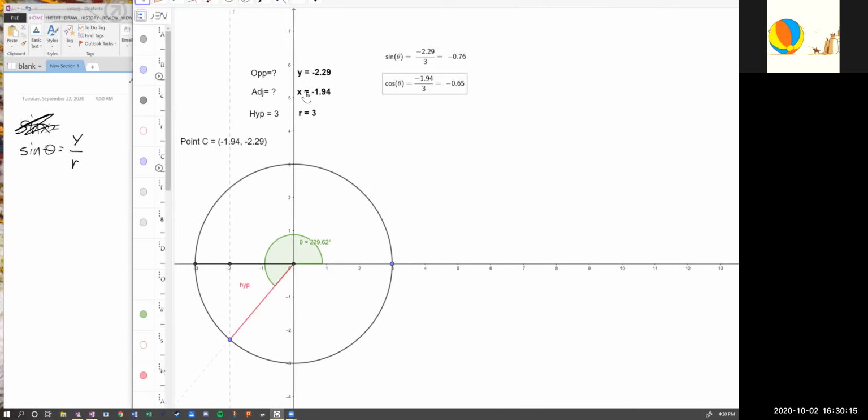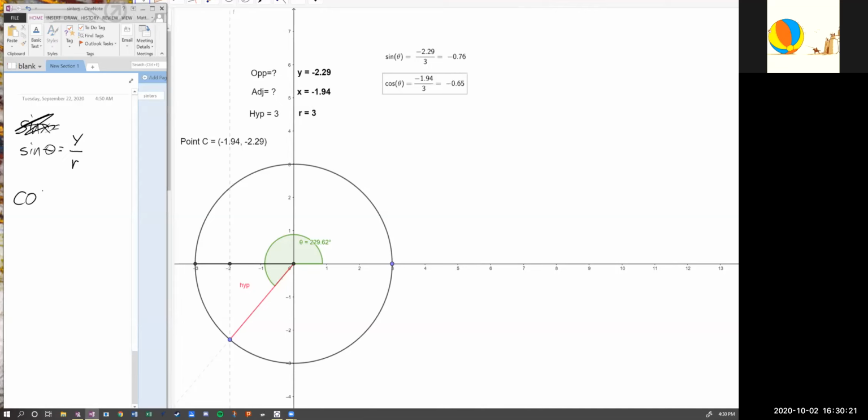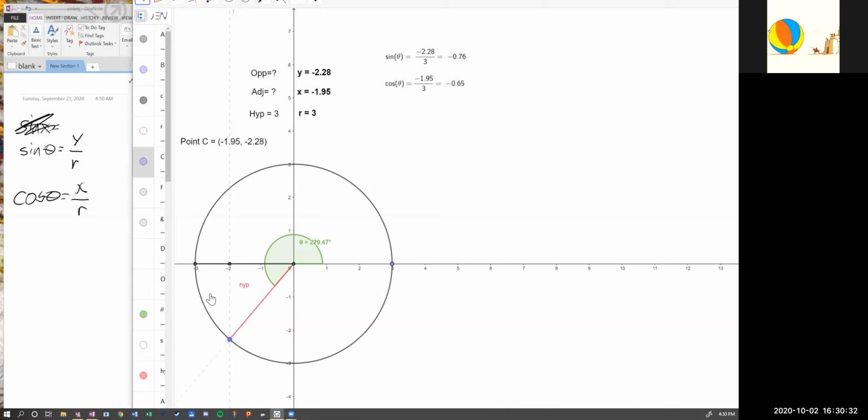But we can still take that x over r, so we can define our cosine, instead of adjacent over hypotenuse, as x over r. Again, down here in this quadrant, it's negative because the x value is negative. Even in quadrant 2, the cosine's negative, again, because the x value is negative.